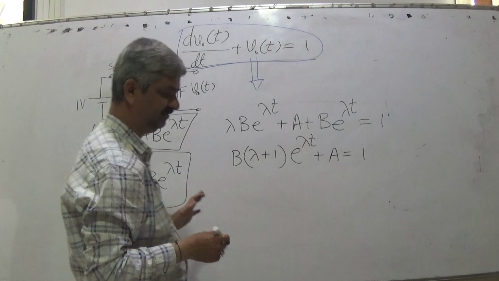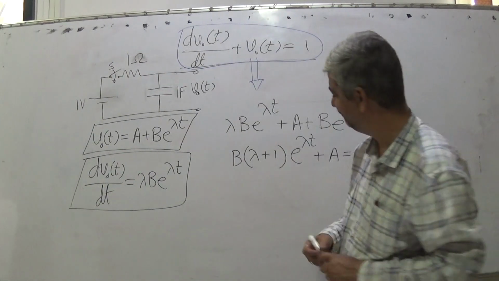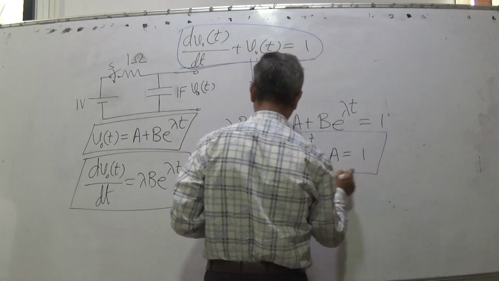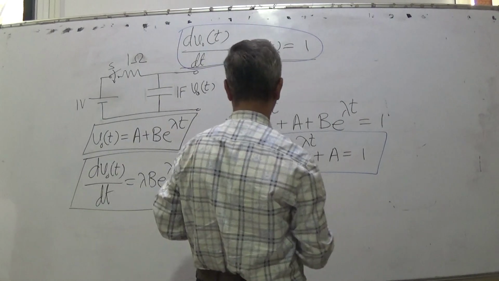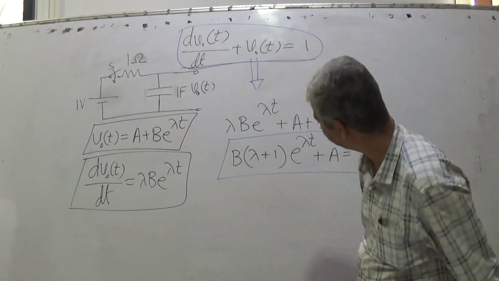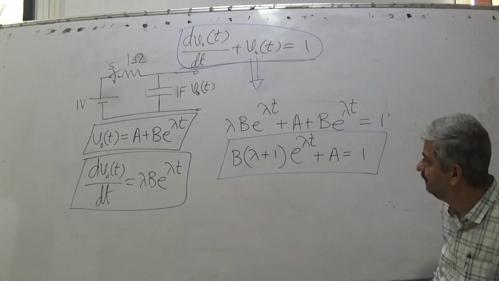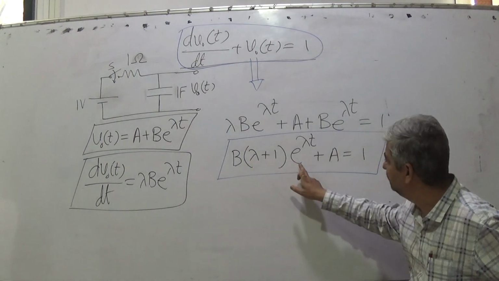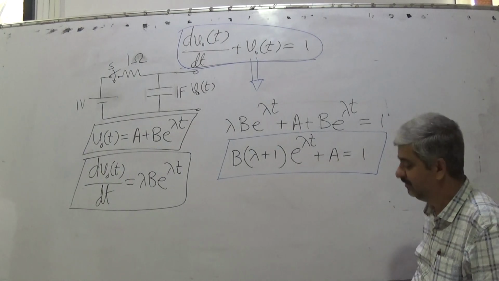Is it clear? So this is the very simple expression which we have got, the simplest expression: B into bracket lambda plus 1 e raised to lambda t plus A is equal to 1.